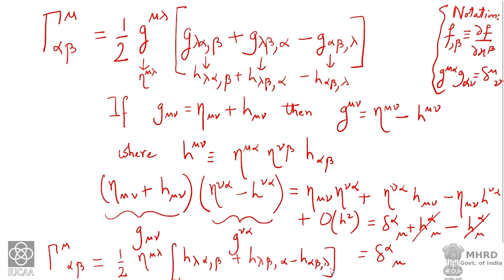So, you can see that because I am only talking about weak gravity and therefore only retaining up to linear orders in h, my expression for the Christoffel symbol is much simpler, and this is what I am going to use to write down the Riemann tensor, Ricci tensor, Ricci scalar, so that I have got linearized Einstein's gravity.